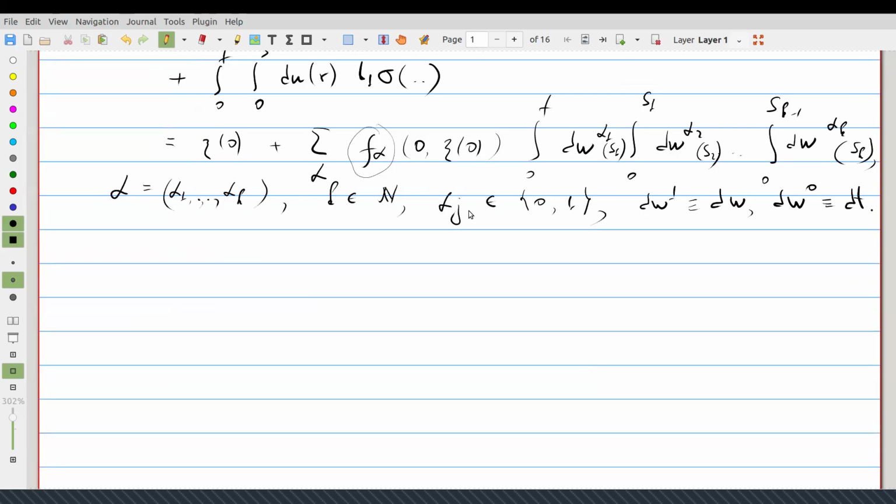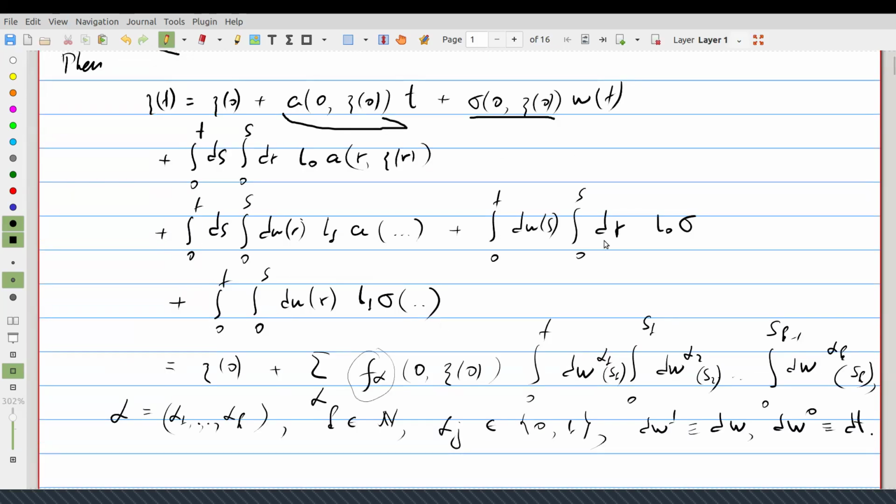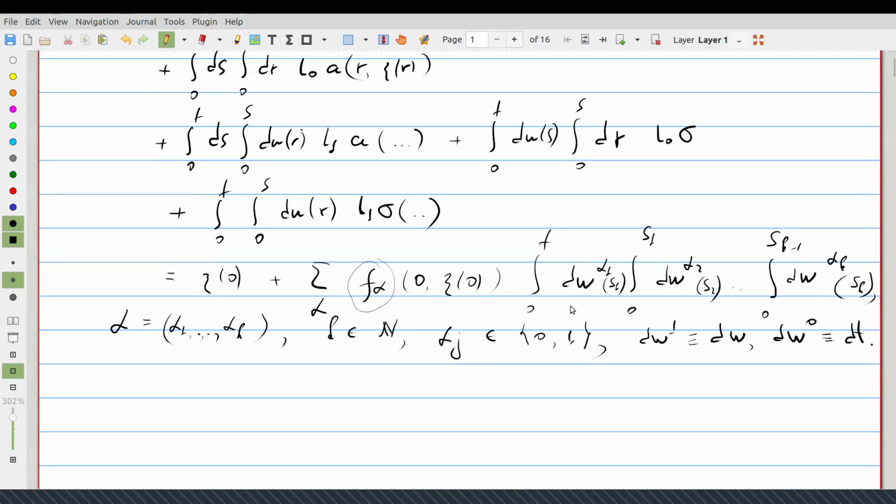And now truncated at some level, we obtain a numerical scheme. Then the remainder consists of mixed integrals of such types. The remainder, however, includes not fixed coefficients but a proper non-constant integrand. So to prove that the scheme has a specific order, we will need to estimate such integrands.